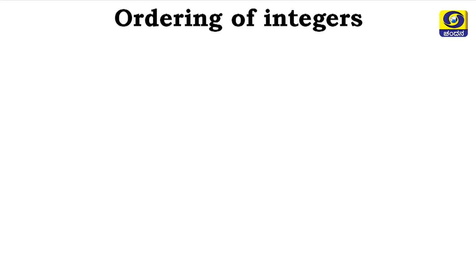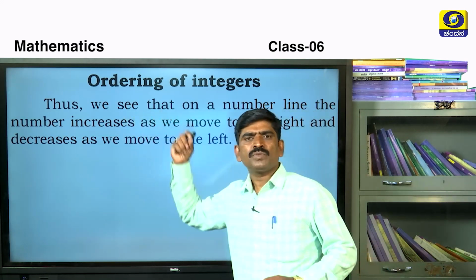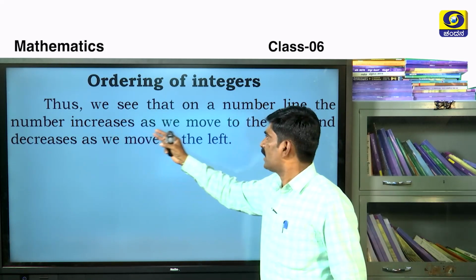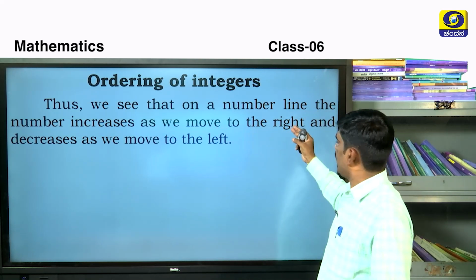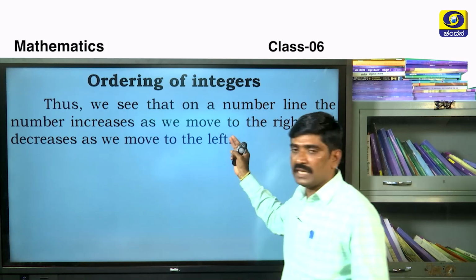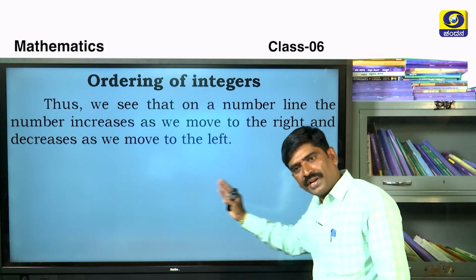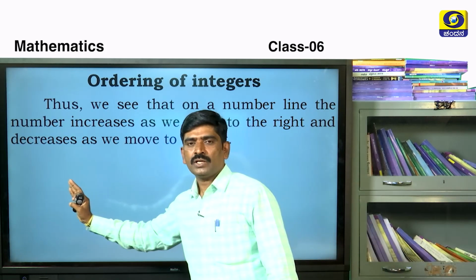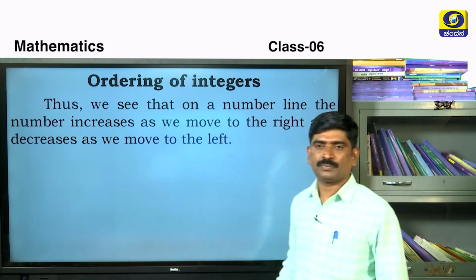Ordering of integers. Thus, we see that on a number line, the number increases as we move to the right and decreases as we move to the left. If you move to the right side, the value increases. If you move to the left side, the value decreases.